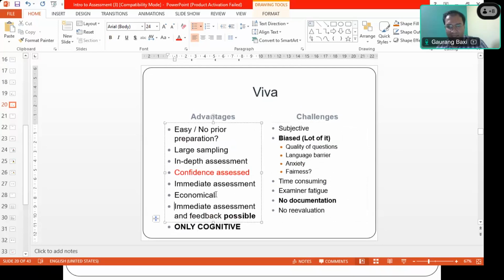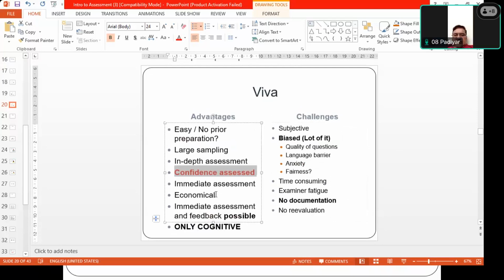You might argue that yes, confidence is assessed, which is somewhere related to the affective domain, but the way we are using it is still meant for cognitive, and we have loads of methods which we are already using for the cognitive domain. So just using viva for the heck of it is no special advantage or not the best use of the resources which we have.